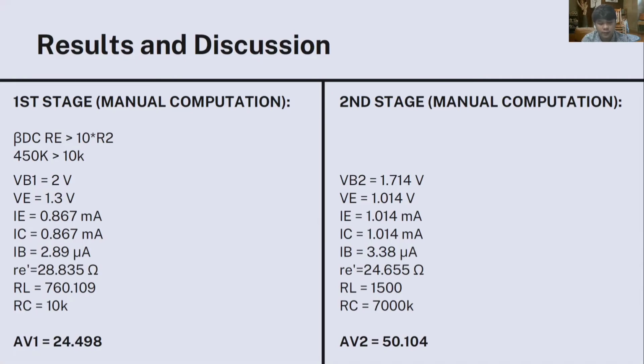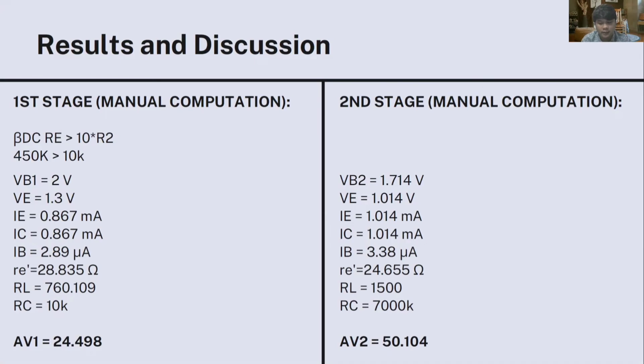Now, using this value, we also computed the values of VE, IE, and IC, which are 1.3 volts, 0.867 milliamps, and 0.867 milliamps, respectively. Meanwhile, the value of IB is calculated using the equation IB is equal to IE over BDC, which produces a value of 3.38 microamperes.